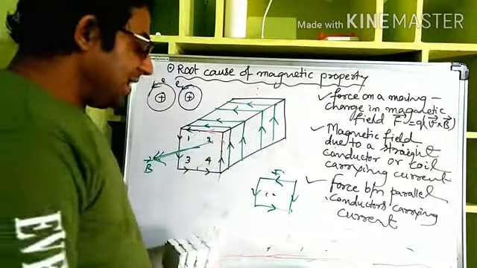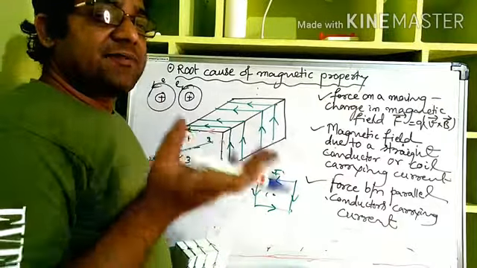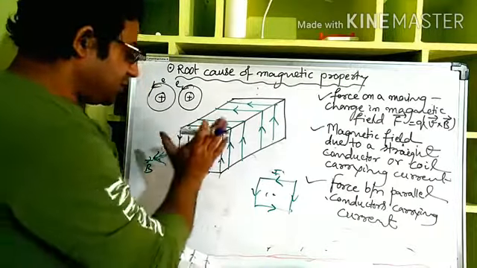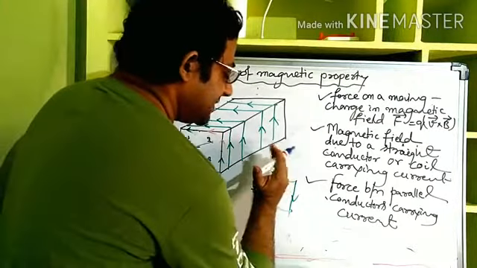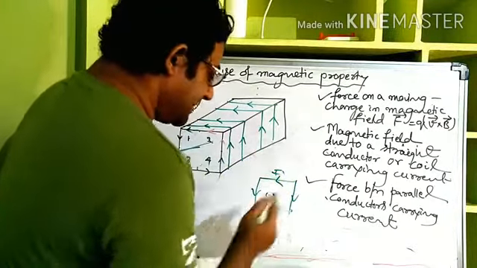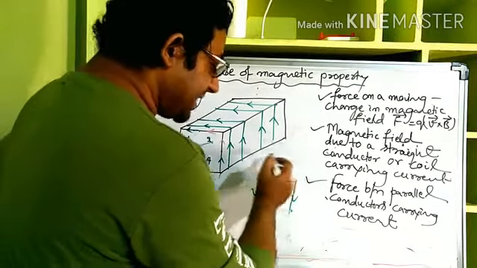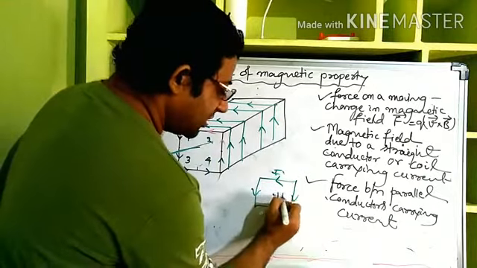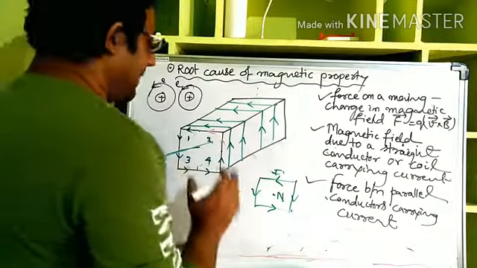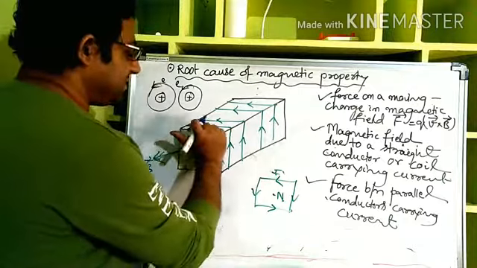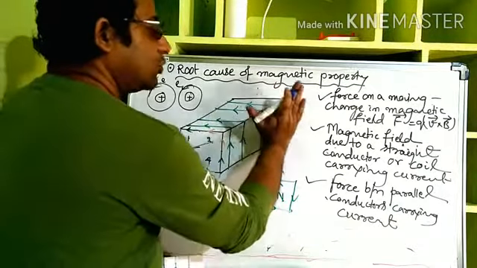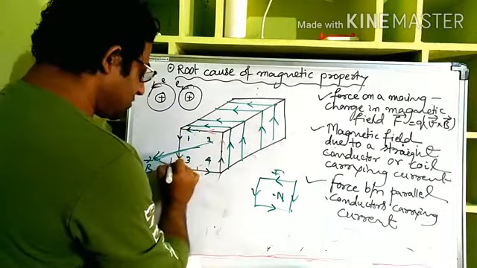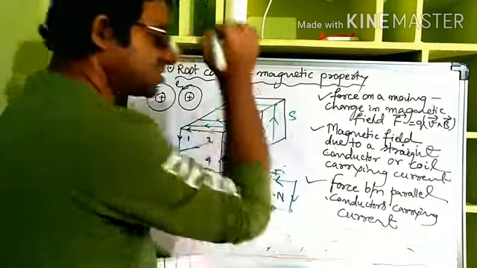Now see, generally magnets have a north pole and a south pole. What is called north pole, what is called south pole? See here, if you turn this to the left, it is the anti-clockwise direction, right? If it is anti-clockwise, it is coming out of you. This is called north pole. So this side is called north and this side is called south.